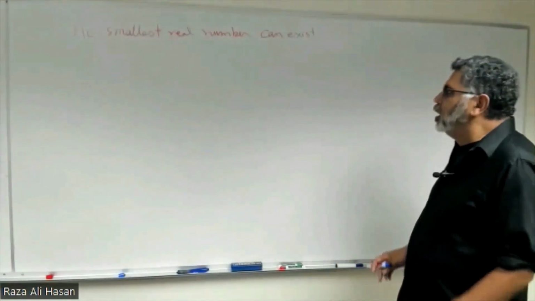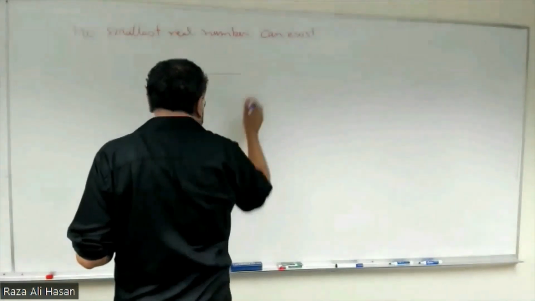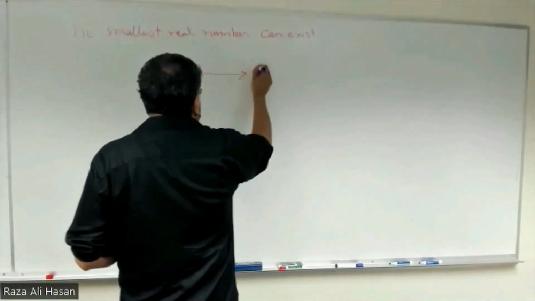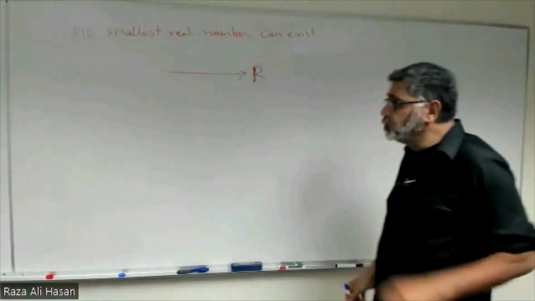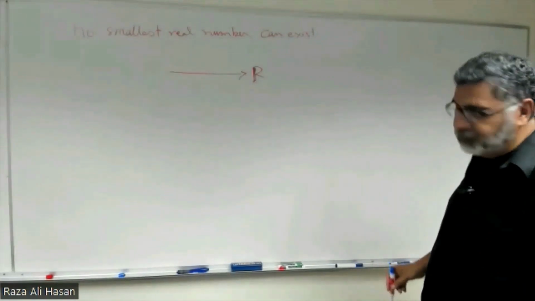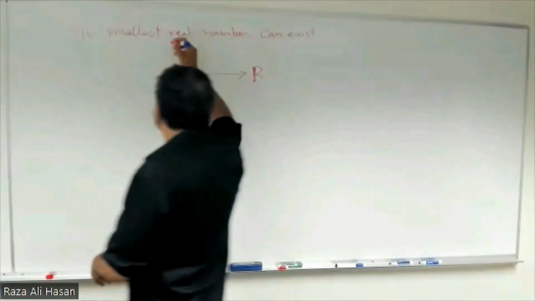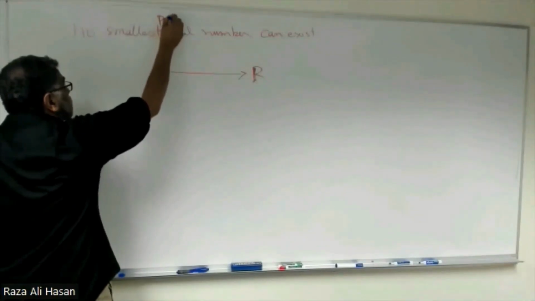Very good. So let's look at it for a second. We've got the real number line R here. And I missed something very important: no smallest positive.